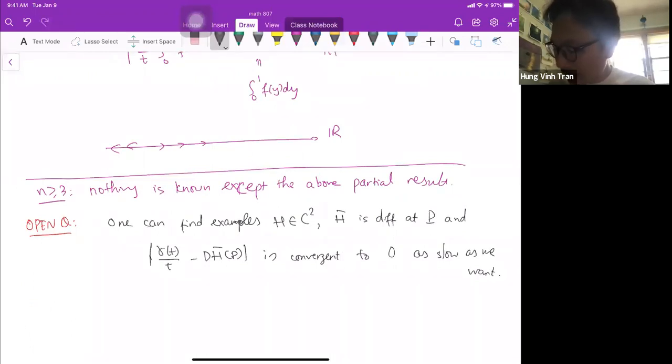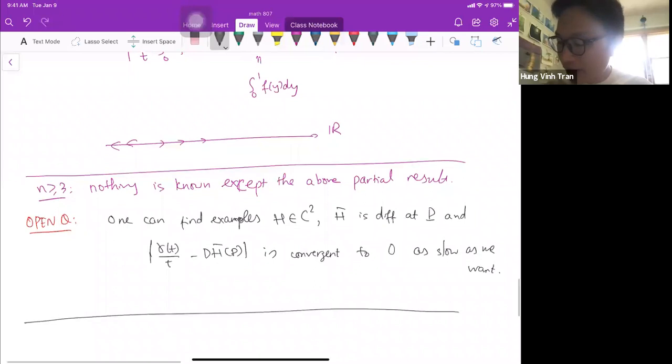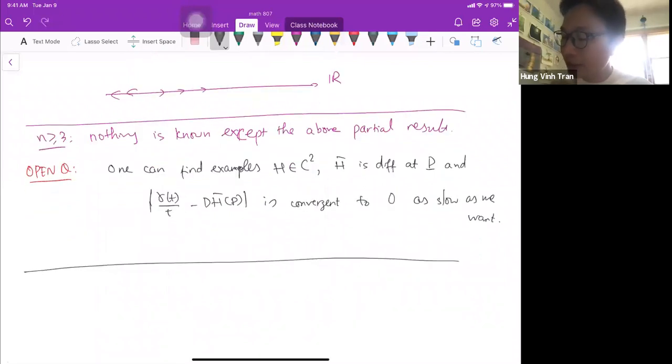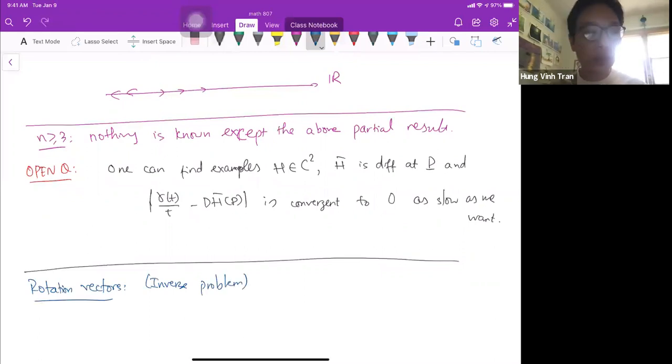So in the last five minutes, let me tell you one thing that I didn't say here, about the questions about rotation vectors. Do we have all possible rotation vectors? This is the inverse problem. Is it possible to obtain all possible rotation vectors?